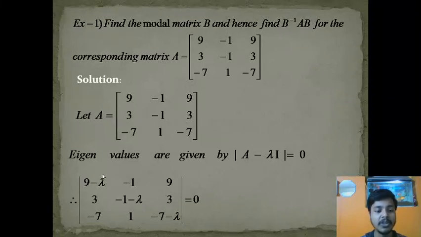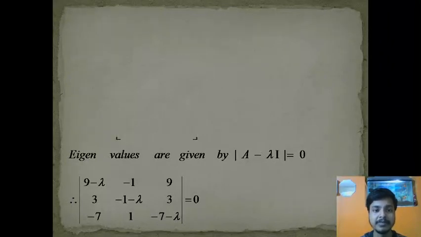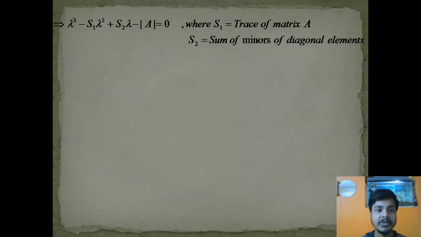You can solve this manually, but that will take much of your time, so let me tell you a trick. As the matrix is of order 3, you'll get a cubic equation: lambda cube minus S1 lambda square plus S2 lambda minus determinant. What is S1? S1 is the trace of the matrix. What is S2?